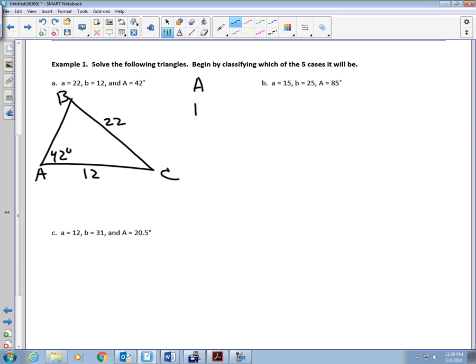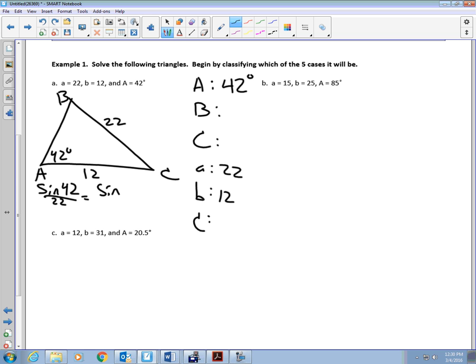A, B, C, little a, little b equals C. A is 42, little a is 22, and little b is 12. What am I solving for? Sine of b. So sine of 42 divided by 22 is equal to sine of b divided by 12, and I cross multiply.